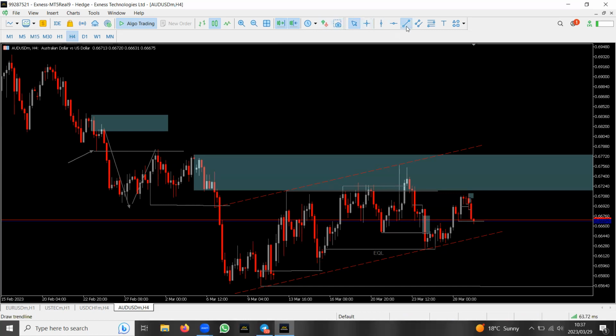Support became resistance. That's why we sell now. So it's a flip zone where the support rejected price. So wherever support rejects price, support stands as resistance where you can sell from. It's a flip zone.